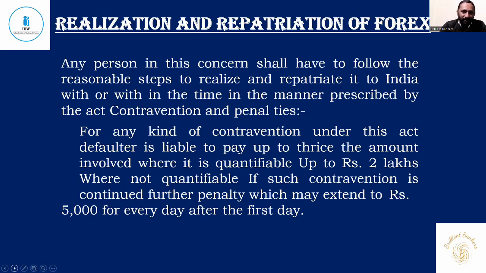If there is any contravention, then the penalties are: the defaulter is liable to pay up to thrice the amount involved, whatever the business was. The defaulter has to pay 3 times the amount when the amount is quantifiable, up to 2 lakh rupees.